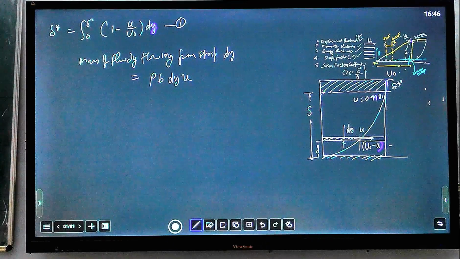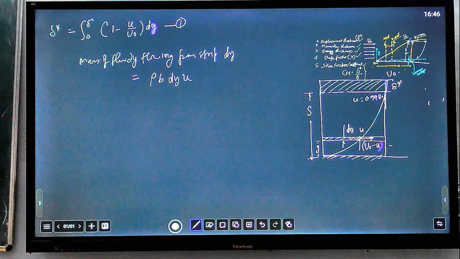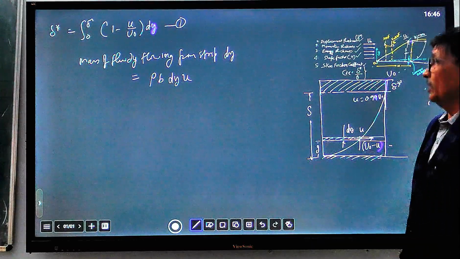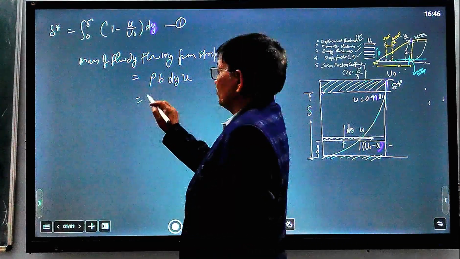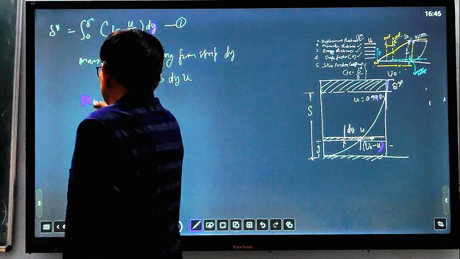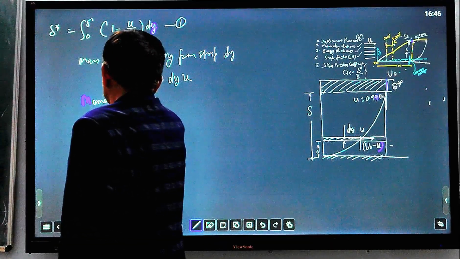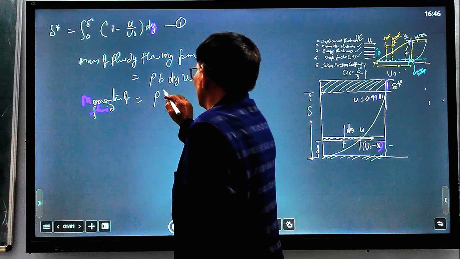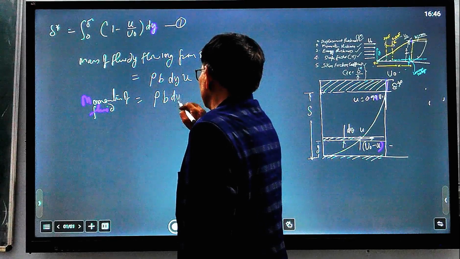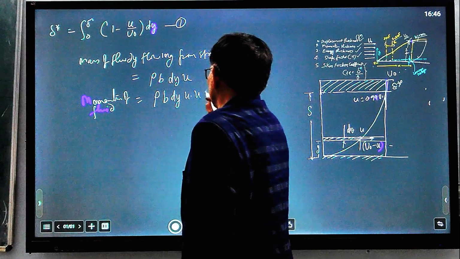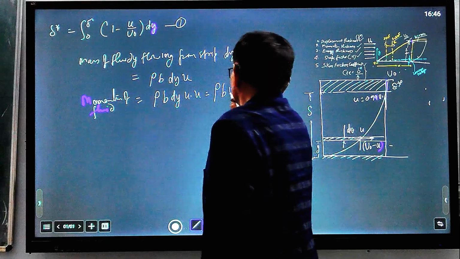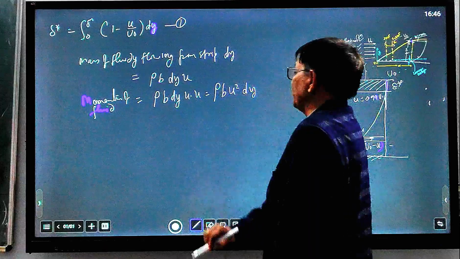And momentum of fluid in absence of boundary layer. What is the momentum of this fluid? So again you can find momentum. Momentum of the same fluid is rho b dy u into u, because mass into velocity, that is equal to rho b u square dy. This is the momentum of fluid.